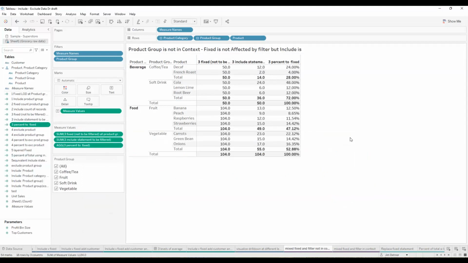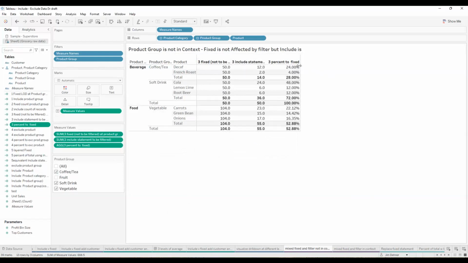Now we know from what we just saw that when I put a filter on the product group and treat it as a dimension filter, this blue filter, it's applied after the LOD is calculated. If I take fruit out, you can see the value here is 104 and the total doesn't change. This filter is applied after the fixed LOD has been calculated.